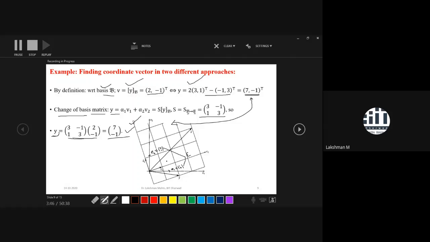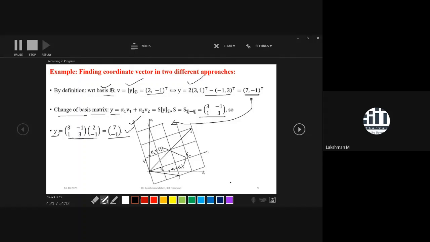It is a graphical representation of everything. If y is (7, -1), where would it be? You walk 7 units along x1, 1 unit, 2 units, 3, 4, up to 7 units, then you walk -1 unit along the negative direction of the x2 axis. So the point y would be here with respect to the standard basis.